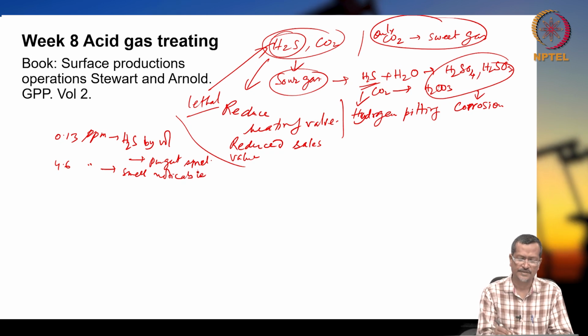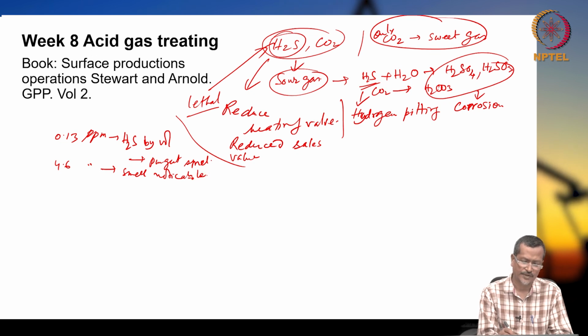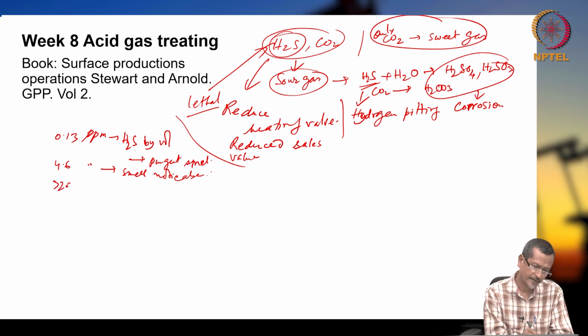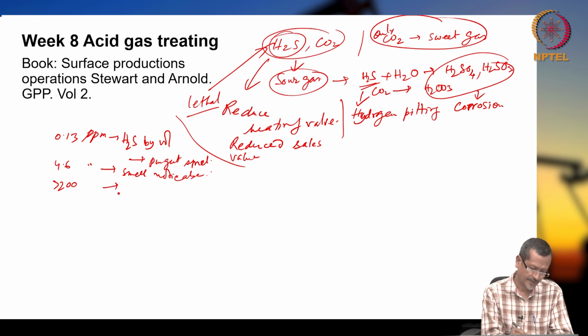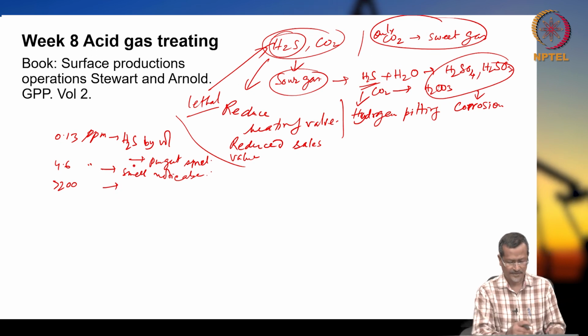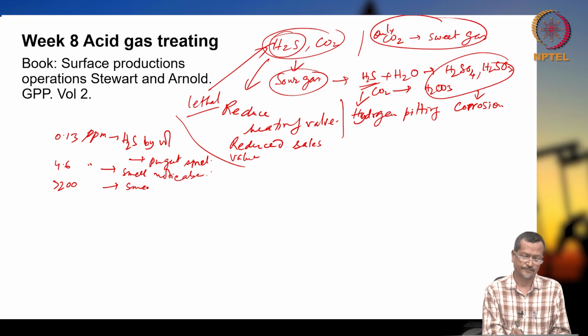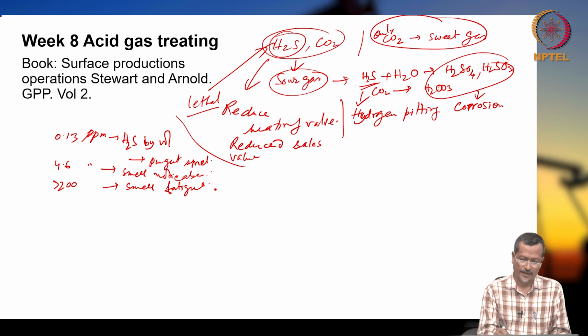At 4.6 ppm, the smell is noticeable and strong. If we have more than 200 ppm, you have smell fatigue. You will not get the smell actually, smell fatigue will come. So, no smell.